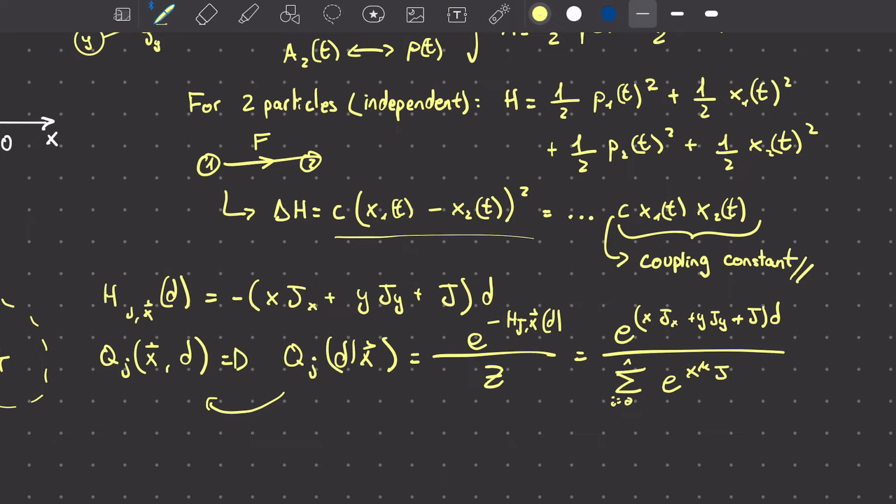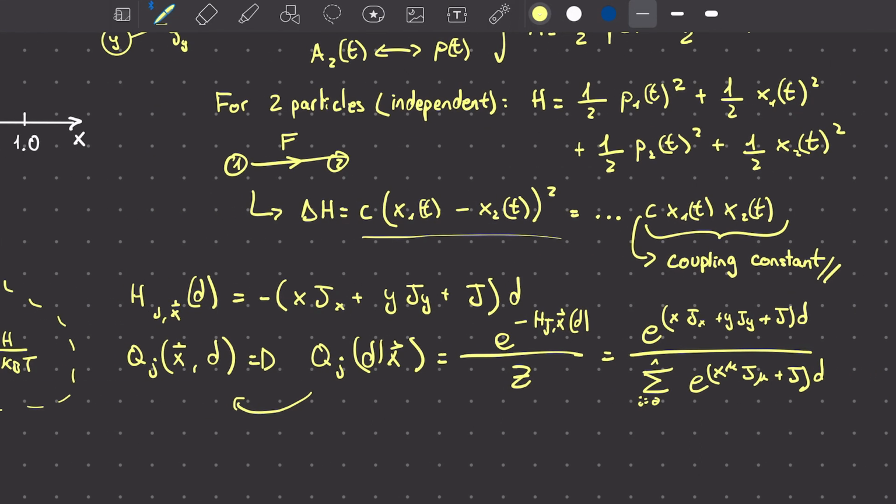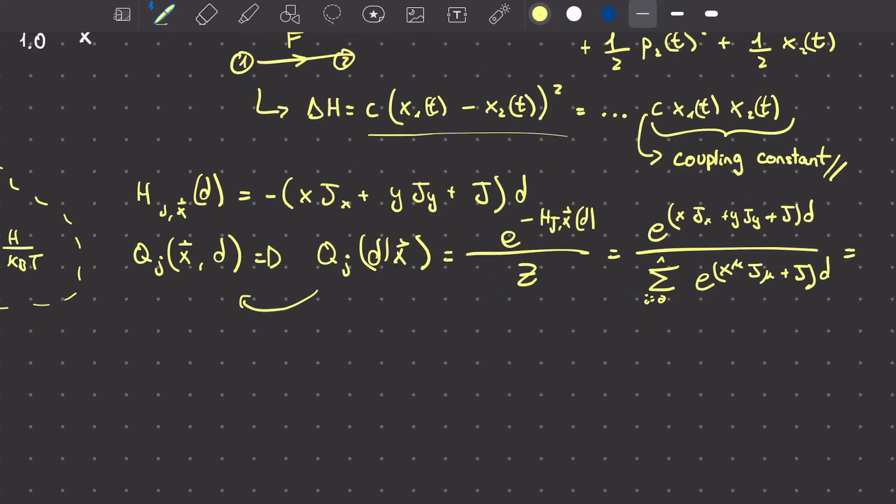Let's write it like this with indices, just so we don't have to write all of the degrees of freedom or coordinates, just for the sake of space, really. And lastly, carrying out this sum, we're going to have the same in the denominator.